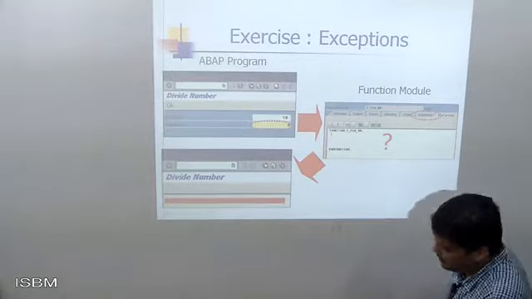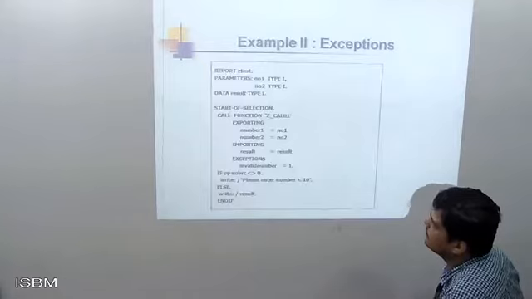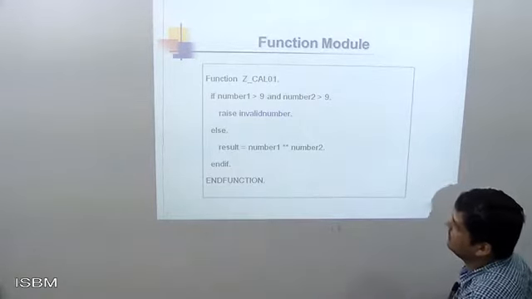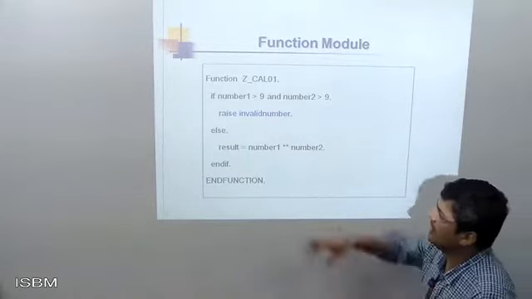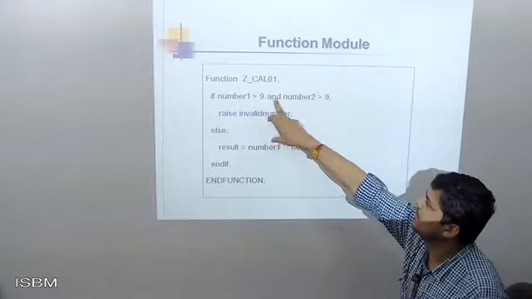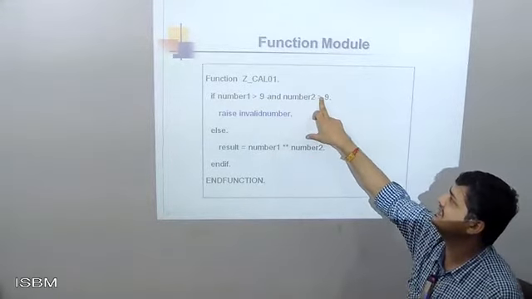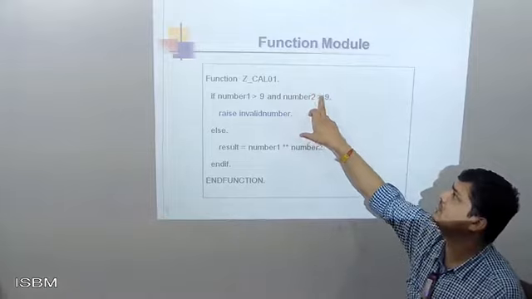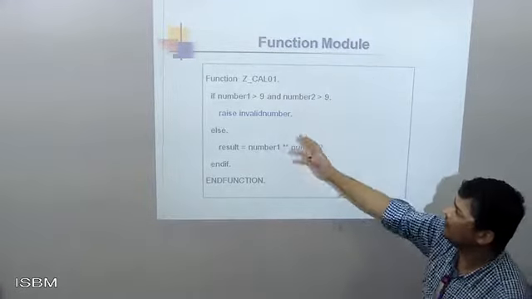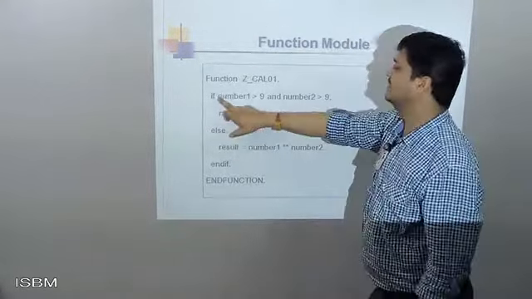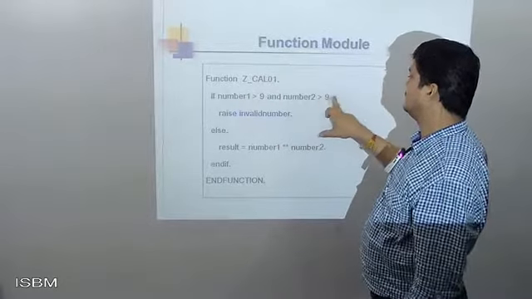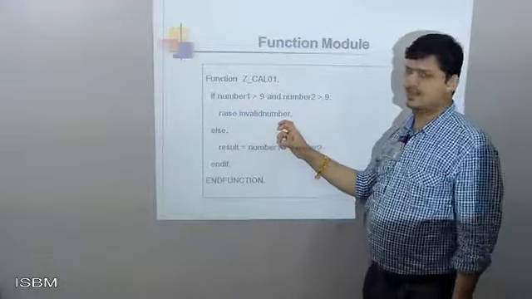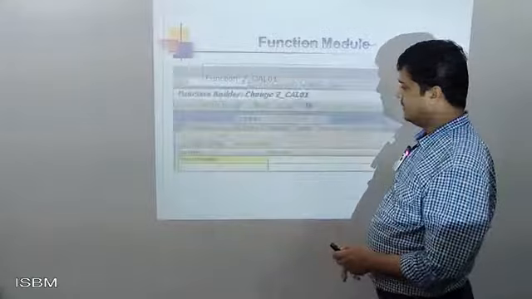So what you need to do over here, I will give you. Here you need to write, if number 2 is equal to 0, then raise invalid number, or raise whatever they want.